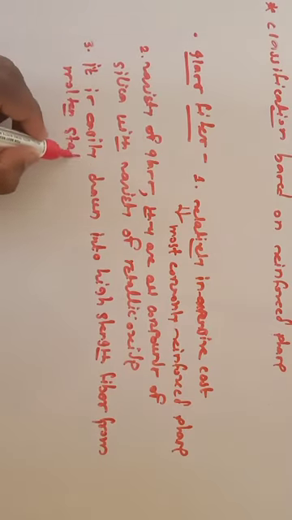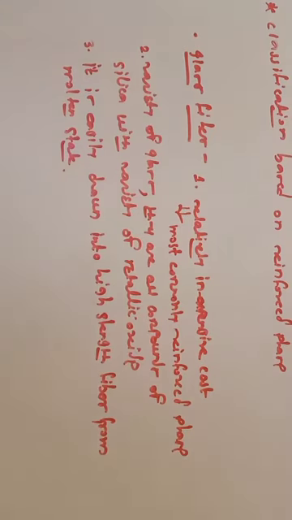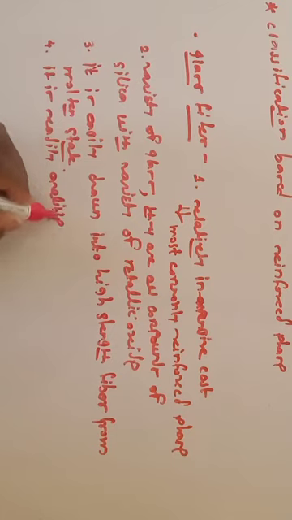So from the molten state we can easily convert it into high strength fiber material, and therefore this glass is so popular as fiber reinforcing material. Second, the next point, it is readily available.